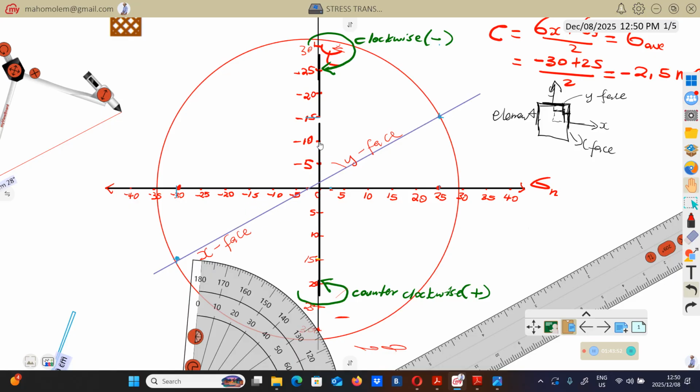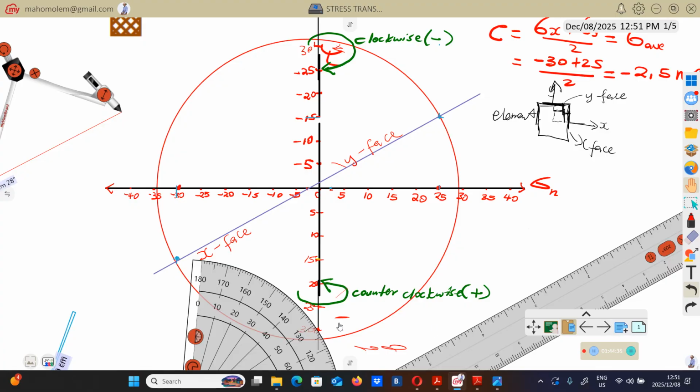It's the same thing with the angles. Sometimes they are going to say find the angle of the element, but to find that angle on the element, we have to get it from the Mohr's circle. When you convert the angle from Mohr's circle to the element, you divide it by 2. But from the element to Mohr's circle, we multiply the angle by 2. So just remember that.